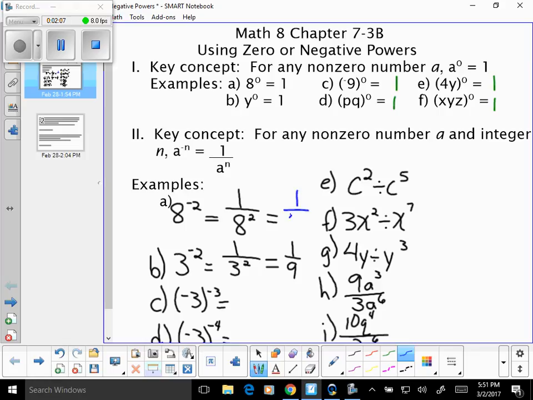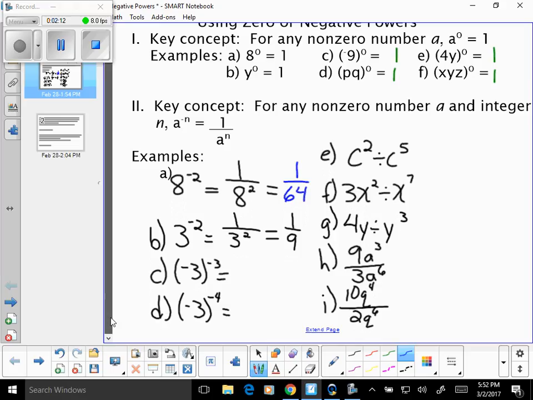And then we write it as 1 over 64. Let's look at example B. 3 to the negative second power. It's going to force it into the reciprocal of 1 over 3 squared. Well, 3 squared is 9, so our real answer is 1 over 9.